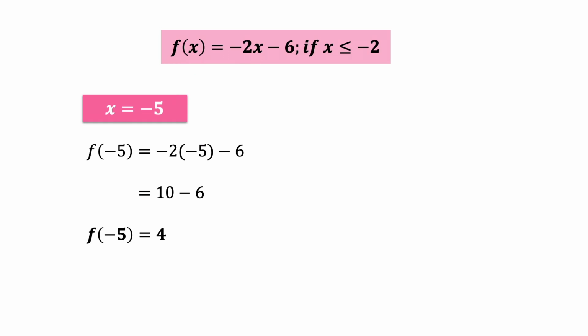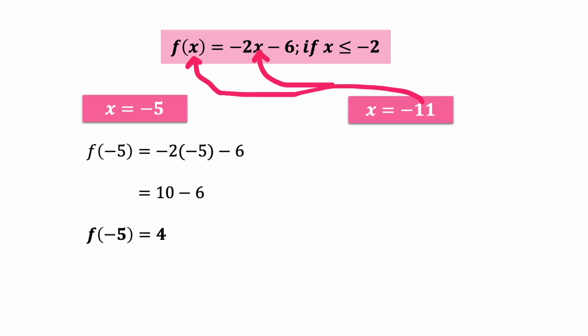Now, let's find for f of -11. We will substitute -11 to all x variables in the same function. We will have f of -11 equals -2 multiplied by -11 minus 6.